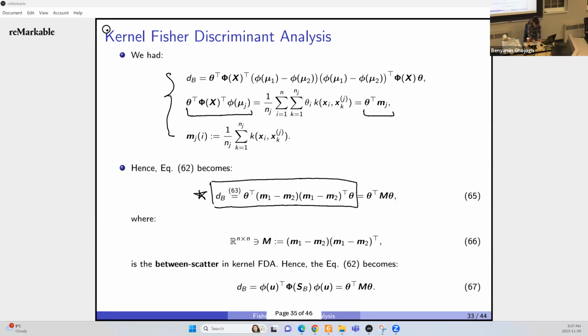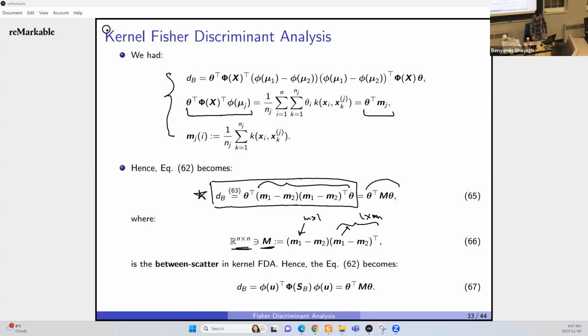Now let me define this middle part as m. They do that a lot in machine learning. So you define this as m, which is n by n, because this is n by 1, and this becomes 1 by n. This is n by n, but its rank is 1. Its rank is 1, right? So it becomes theta transpose m theta.